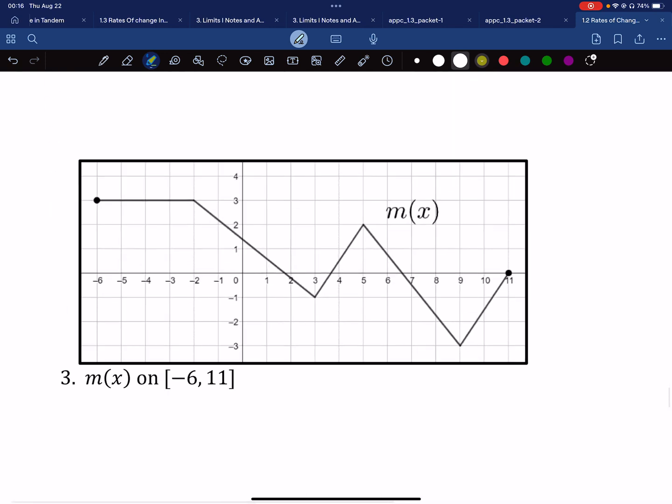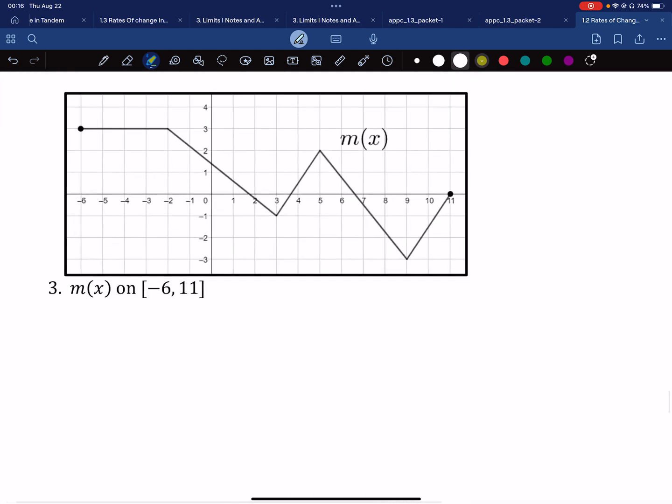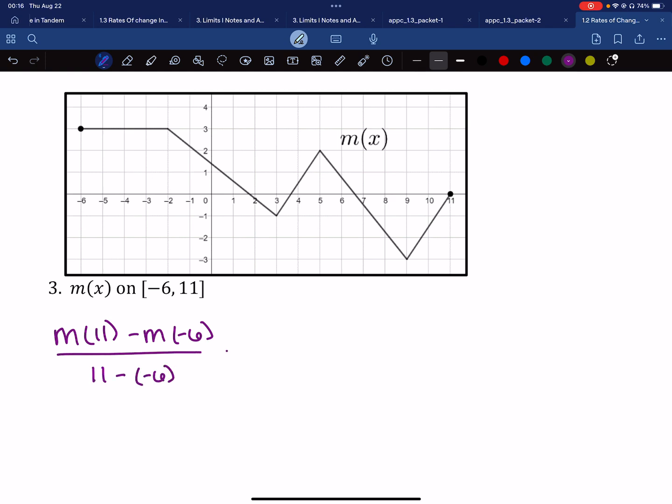Okay, last question. Same concept, but now we have a graph instead of an equation. So m of x on the interval negative 6 to 11. So we're going to have m of 11 minus m of negative 6 over 11 minus negative 6.